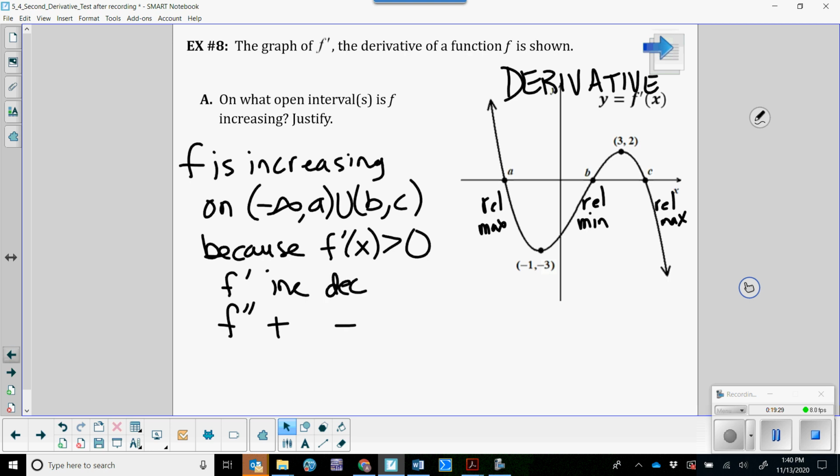If f double prime's positive, f is concave up, negative, concave down. However, I could shortcut and not have to find all of that first, and then say concave up and down, and then say it changes, by simply saying if f prime changes from increasing to decreasing, or decreasing to increasing, then I have an inflection point.